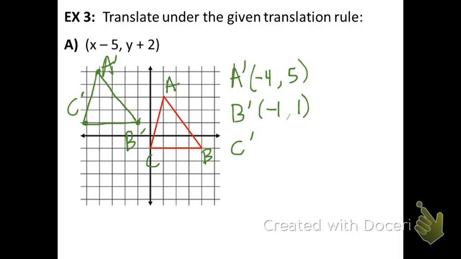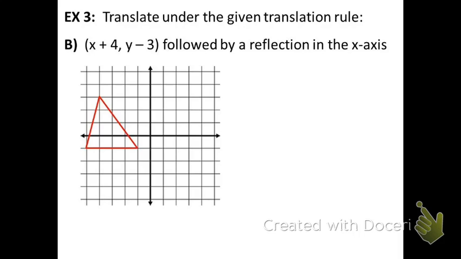And C prime is back 5, up 1. Now, you could have done this without graphing by actually finding the coordinates of A and putting them into the translation rule, but here where it actually asks you to graph, it's probably just as fast to graph. Okay, our last example, it wants us to actually do the composition.